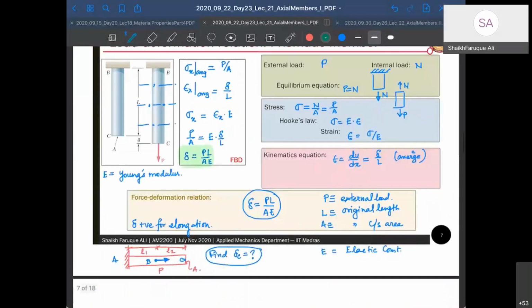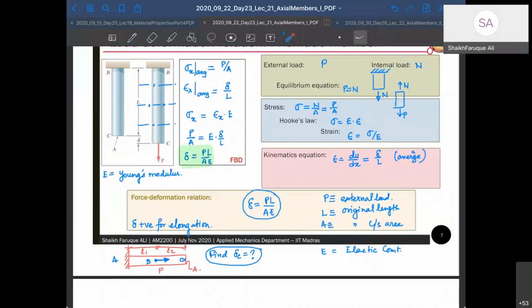Let's go ahead. So what we got is you have an axial member like this, a prismatic axial member with a constant cross-sectional area A, and after you have put a load P, it has elongated a little bit because the axial load is tensile, right? So the elongation is delta, total elongation at the end.